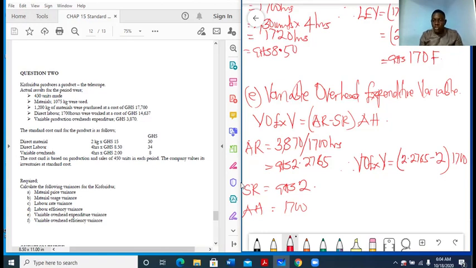So we should have used 2 and ended up using 2 point something. So we have paid more. So that's an adverse. We have 0.2765 adverse measured at 1,700. So this times 1,700, I get 470 adverse. Good.